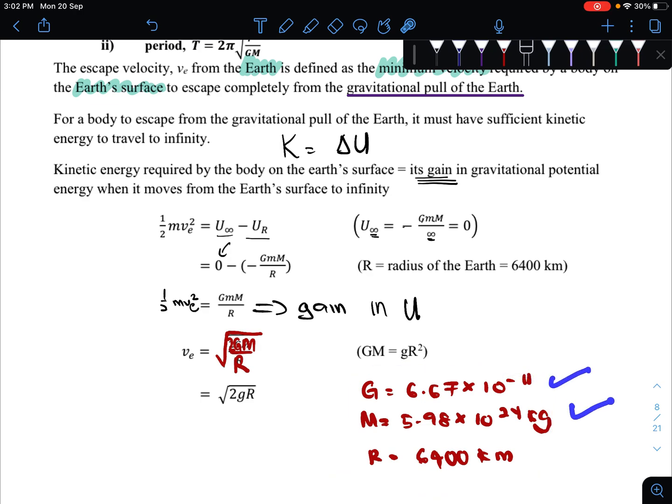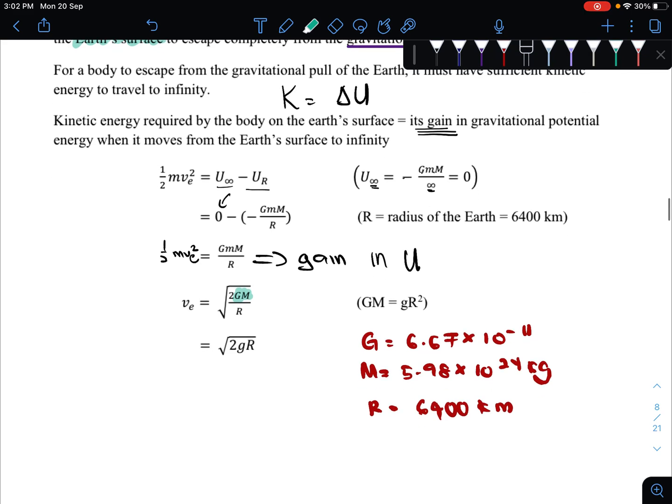Okay, so when you multiply the gravitational constant with the mass, gm here, when we multiply G with M, you can get a value which is equals to the gravitational acceleration 9.81 multiplied by the radius square. So they are the same, they give the same value.